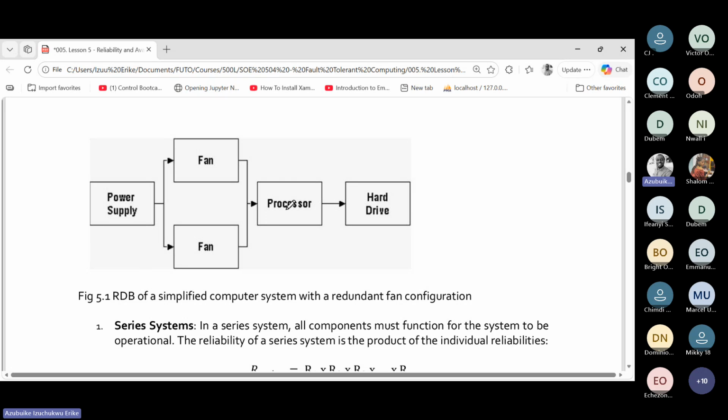Now, you know that because of what is happening in your processor, it runs a good number of cycles per second, or per hour, depending. So when you talk about a gigahertz processor, it means that it runs billions of clock cycles. Now, those repetitions actually make the system heat up.